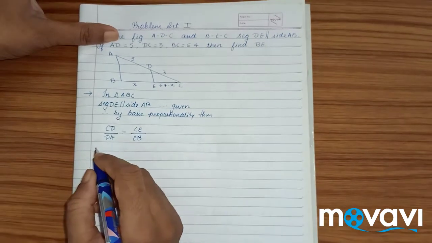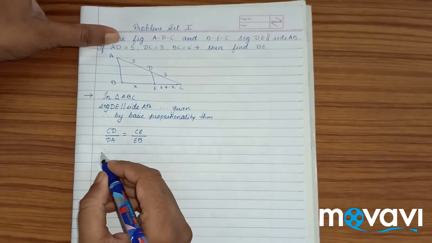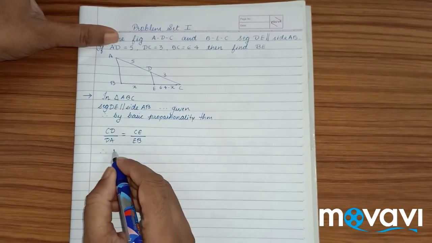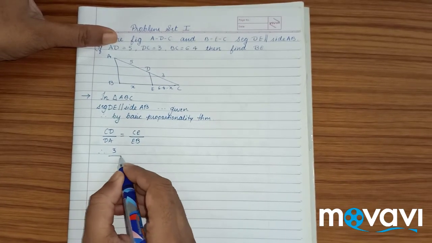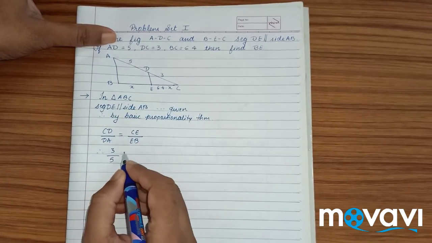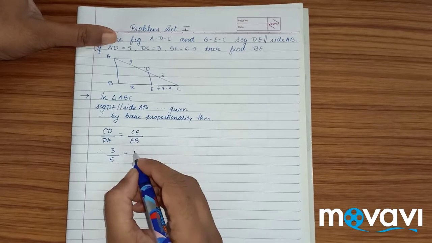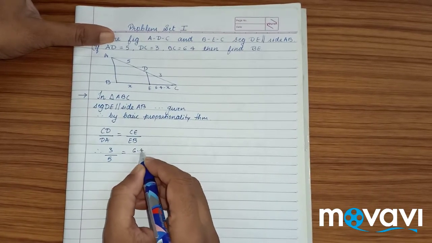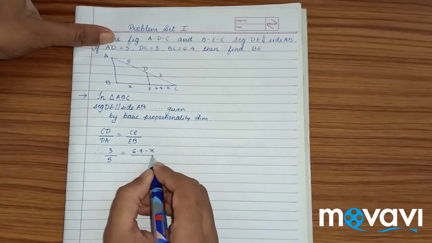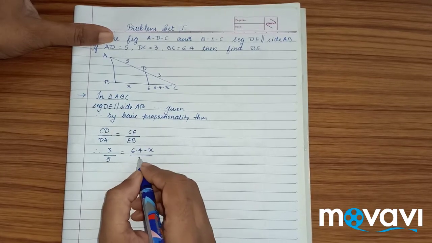Now let us substitute the values that we have got. 3 upon, what is DA? 5 is equal to CE we have considered as 6.4 minus X upon EB is X.